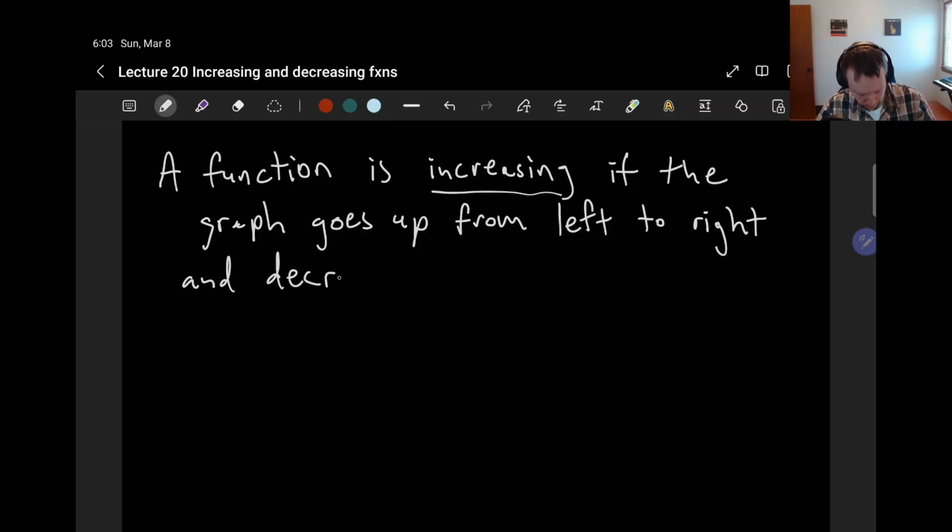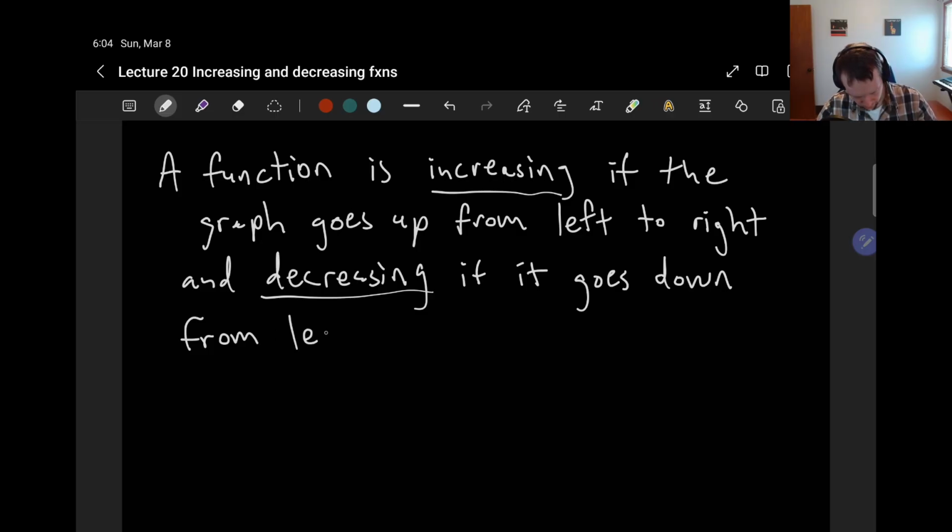And it's decreasing if it's the opposite, if it goes down from left to right. So in other words, as x is increasing, that means we're going from left to right, our graph either increases or decreases based on how the height is changing.